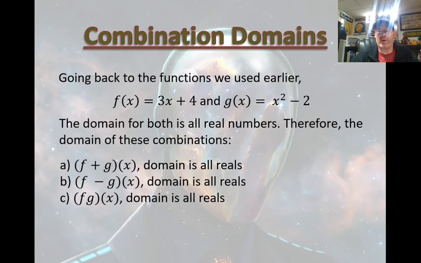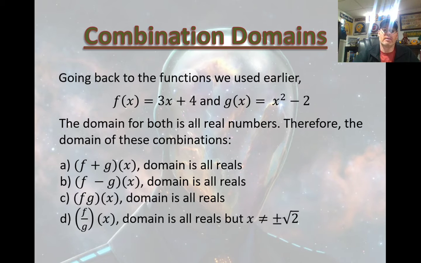However, when we get to f over g, we have to remember that g of x cannot equal 0, which means you would set x squared minus 2 not equal to 0, and that would mean that x cannot be plus or minus the square root of 2.